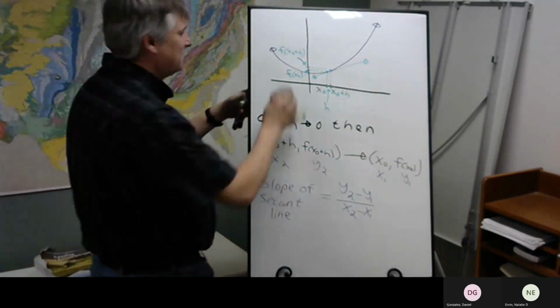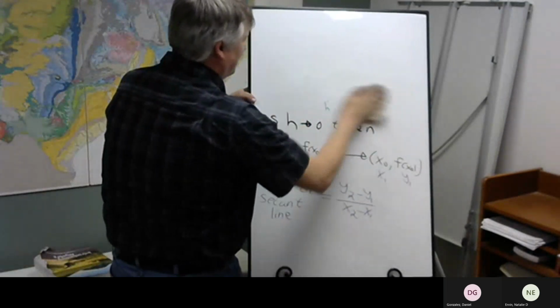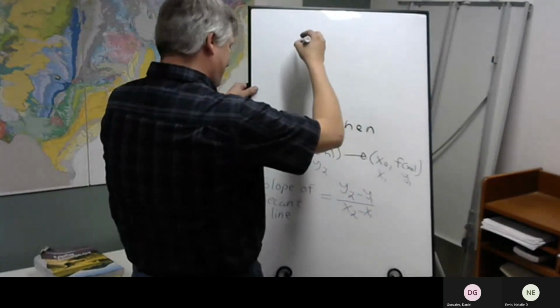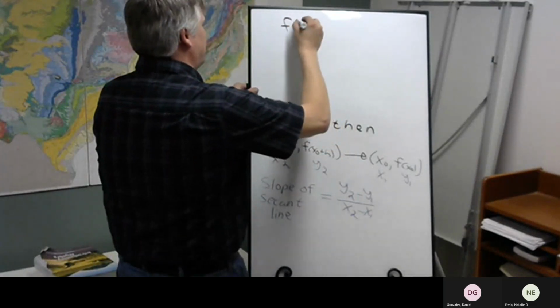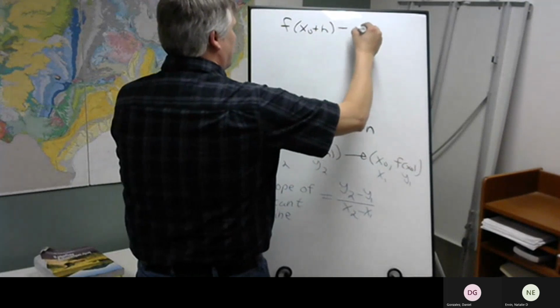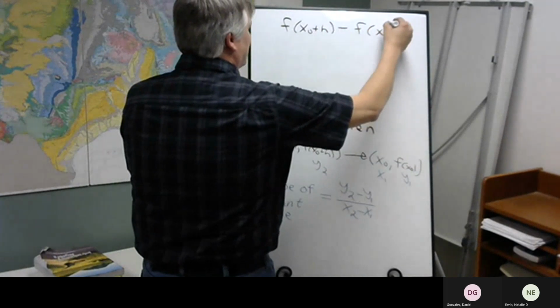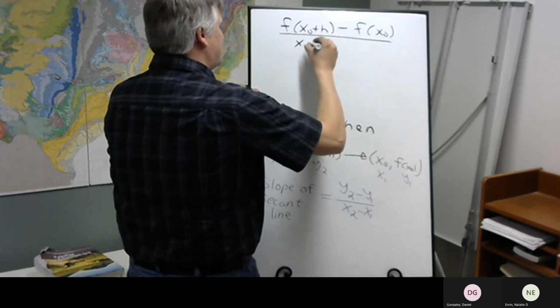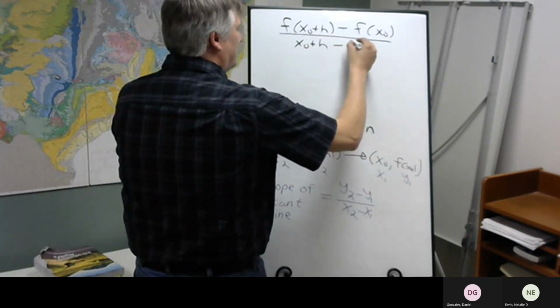And so plugging this in, what we're going to get is f of x0 plus h minus f of x0 over x0 plus h minus x0.